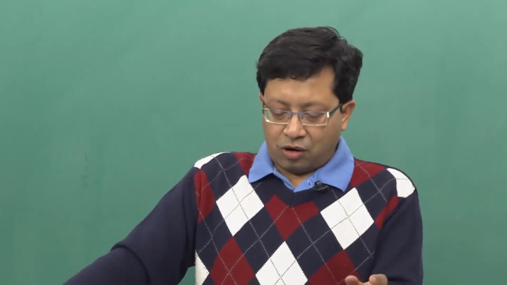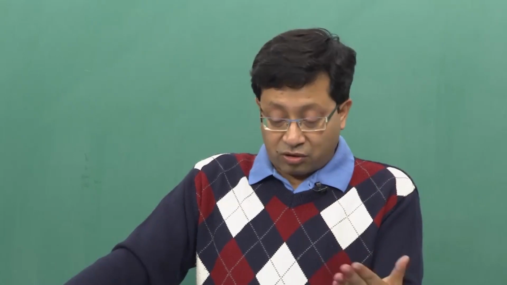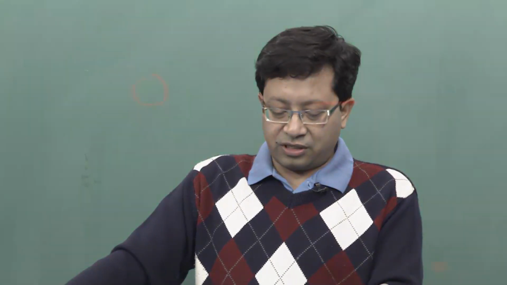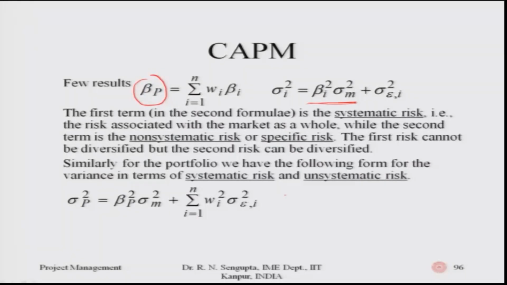So, the non-systematic risk would be very high, and as mentioned, it is the specific risk. The first risk cannot be diversified, but the second risk can be diversified and made as low as possible depending on how you invest.